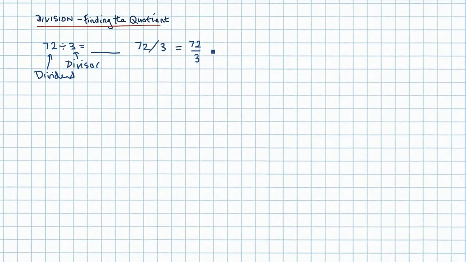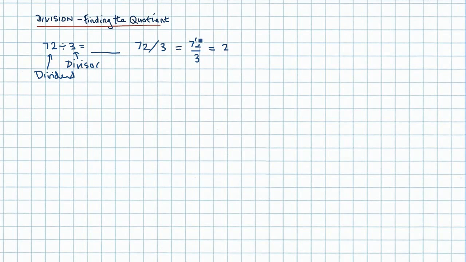And the answer is 2, because 2 times 3 gives us 6, but if we're working in the tens column, that would be 60. If it was 3, well, then it would take us way over. That would be 90. So we're going to stick with the 2. 2 times 3 is 6, so that's 60 when it's in the tens column, and that gives us 1 left over, which we carry across.